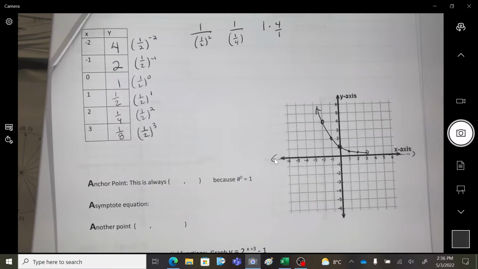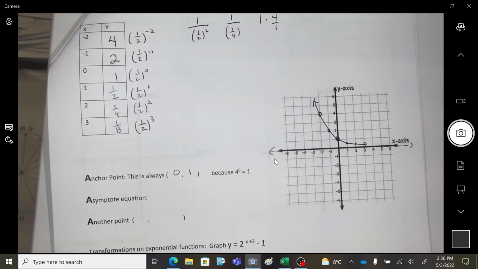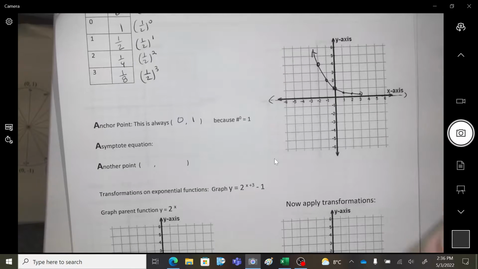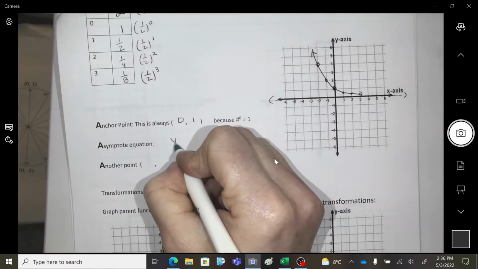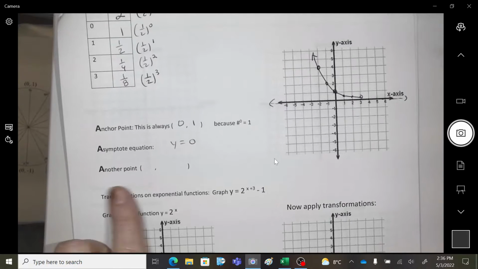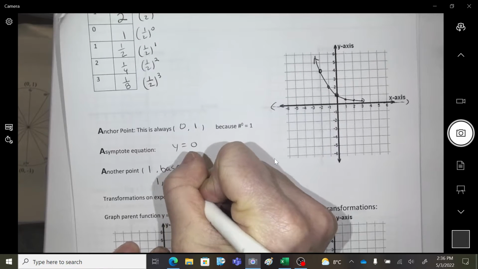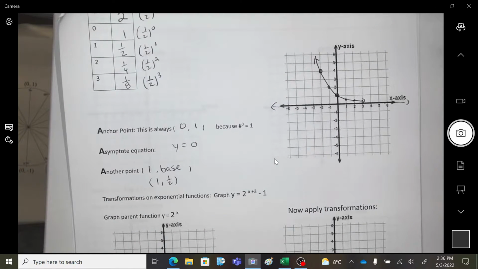Did we have an anchor point? Yeah, the 0, 1 is still there. What's the asymptote equation? Same, y is 0. And what's another point? 1 comma base. In this case, it was 1 comma 1/2.